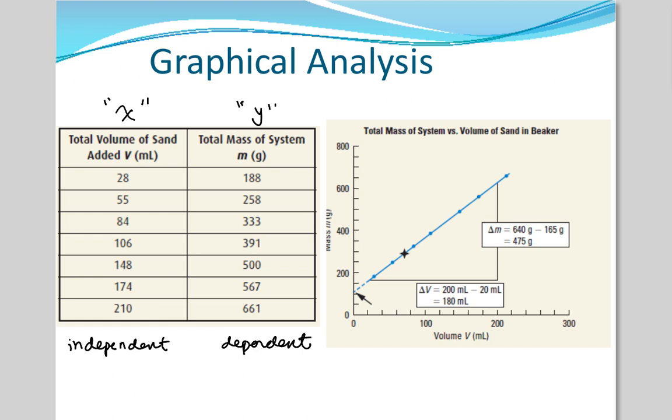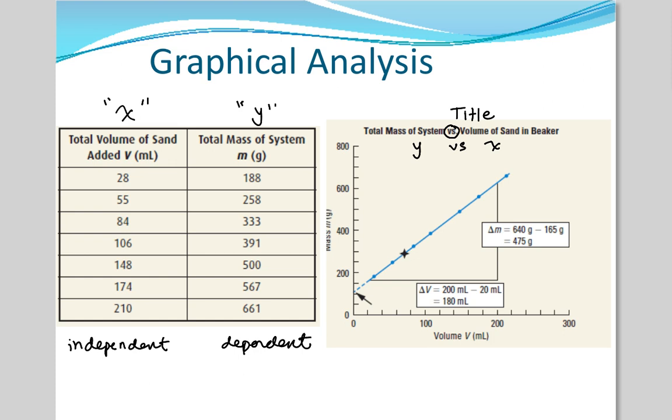In science, you can use manipulating responding. So you can see here the title of this graph, which you should always have, and it's basically y versus x. The total mass of the system versus the volume of the sand in the beaker.